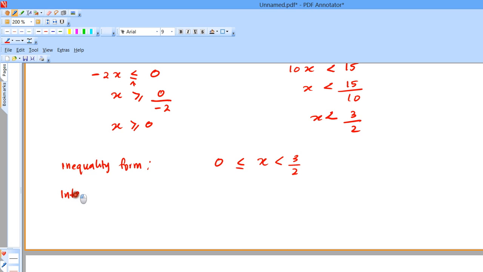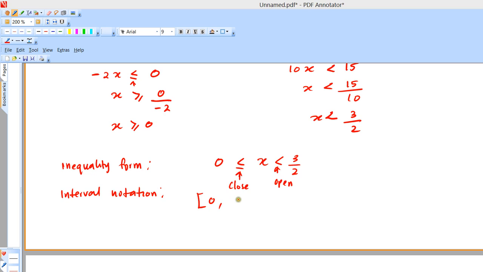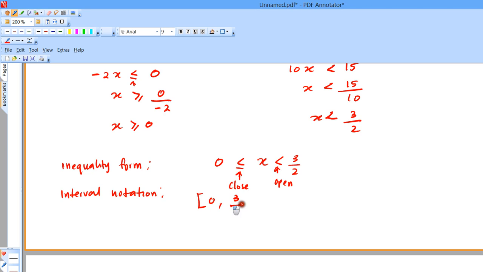In interval notation, the first inequality has equal, meaning a closed bracket. This one is an open bracket. So the interval notation is from 0 to 3 over 2.